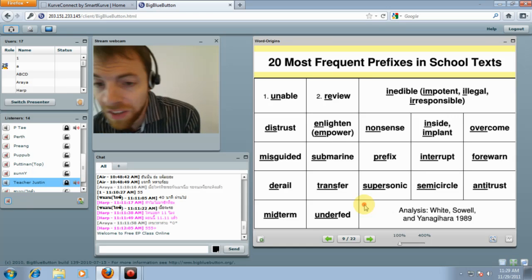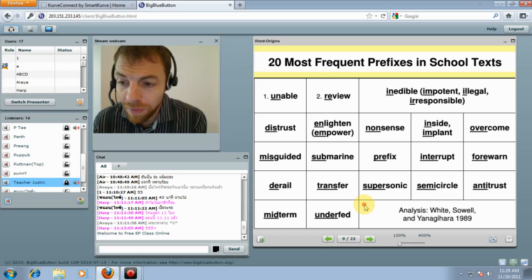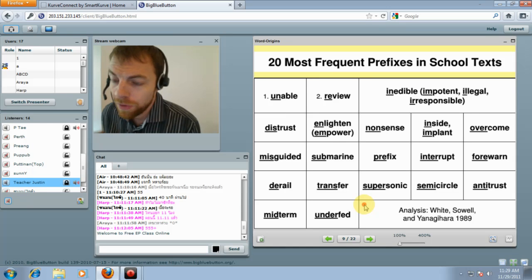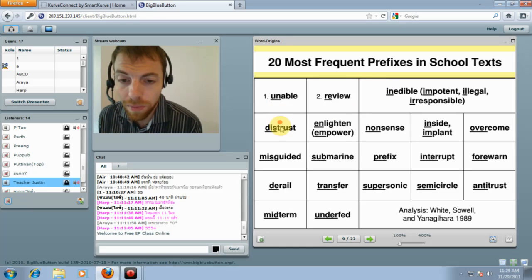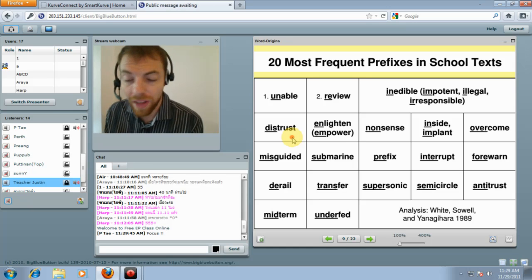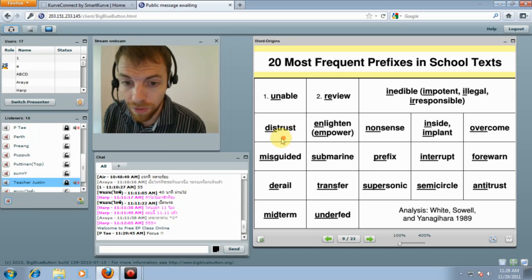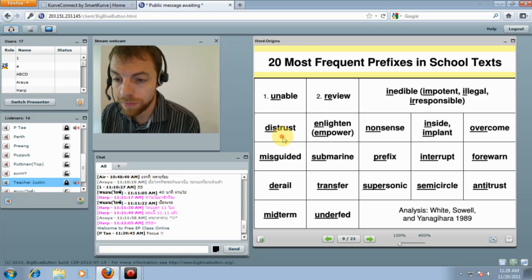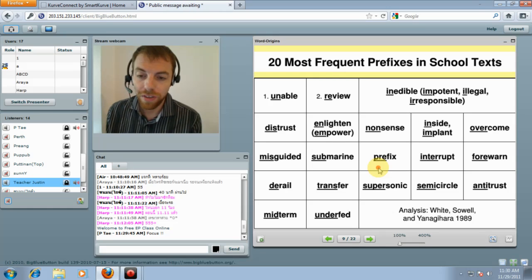All right, here's 20 more frequent phrases in many texts, the things that you will see that involve Latin. So try and take a look at all of these, and maybe you know some of these words, and they all have Latin roots. And Latin is a language that no one really speaks anymore.